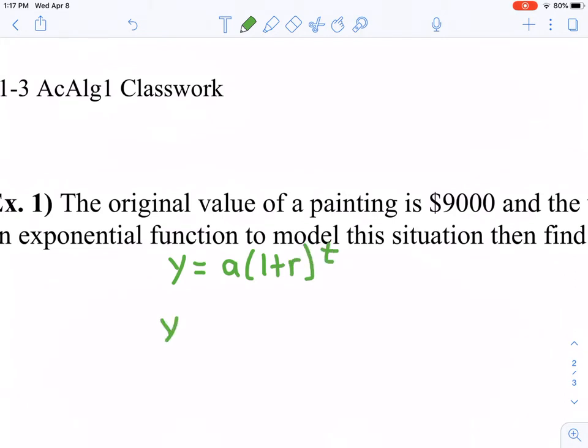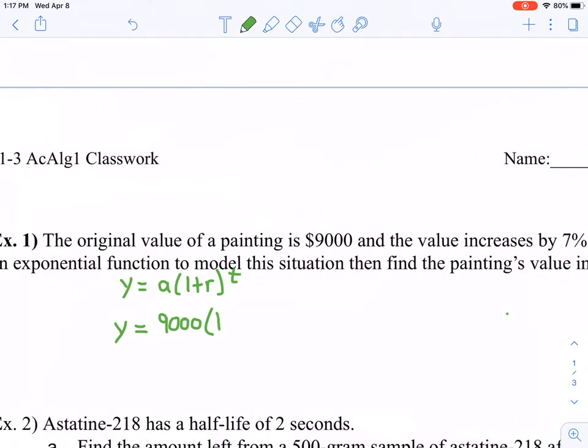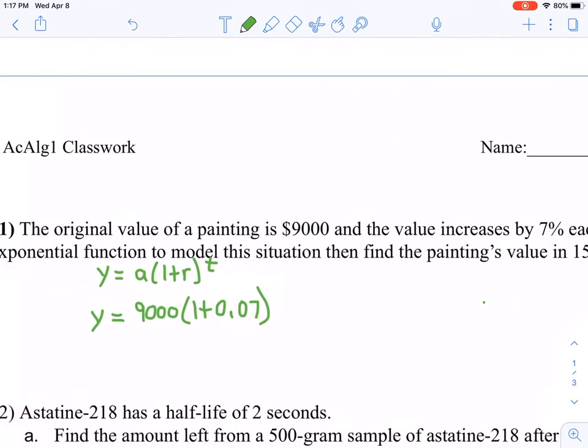And now I can plug those values in. a is my starting value. It's 9,000. 1 plus r, well, r, remember, is the rate as a decimal. So that would be 1 plus 0.07 raised to the t power. We're talking about 15 years.